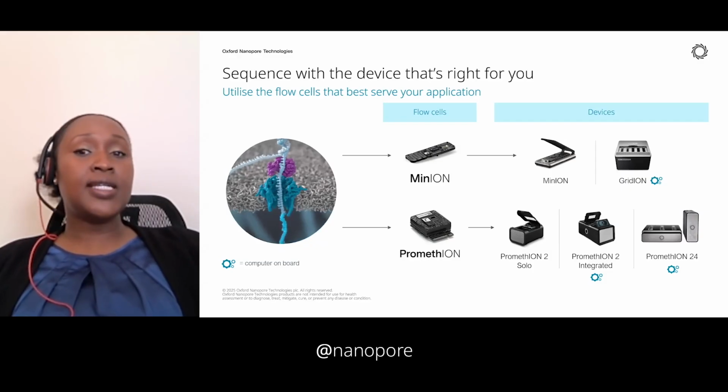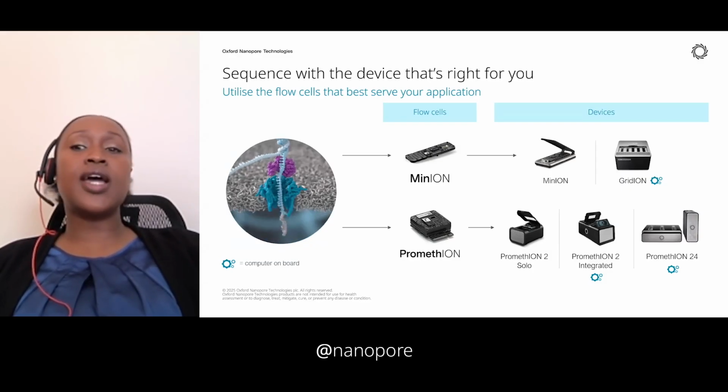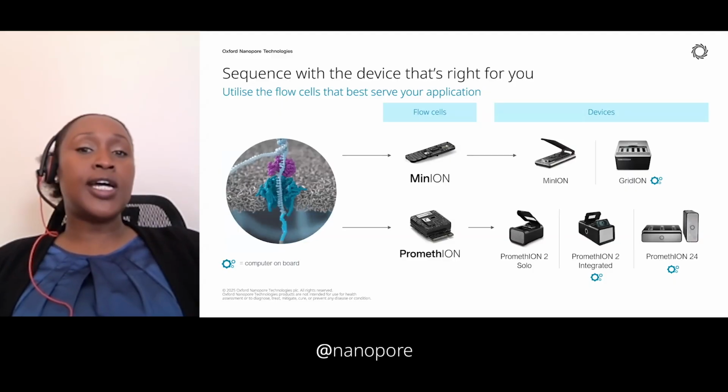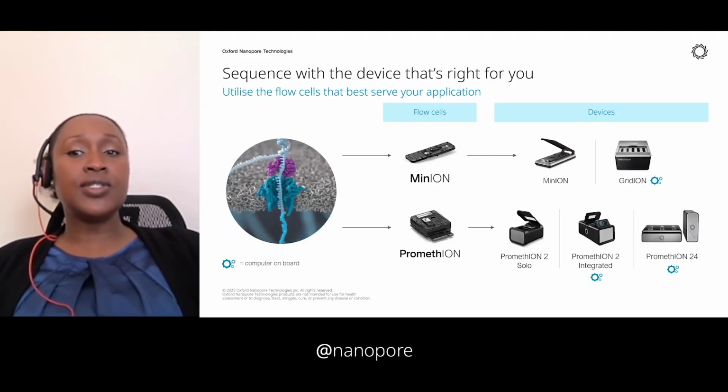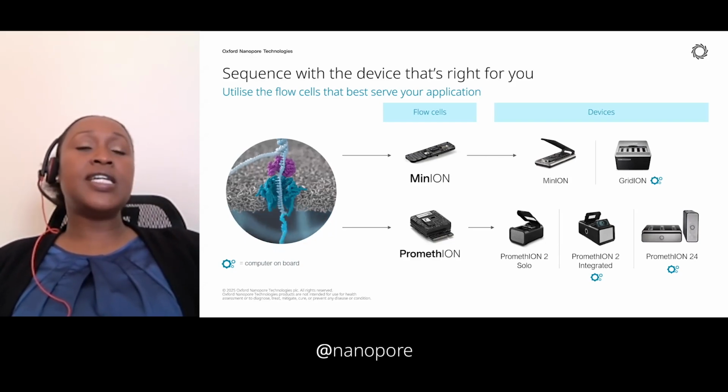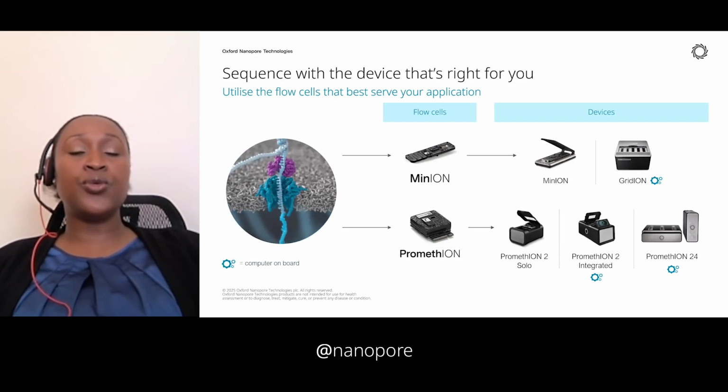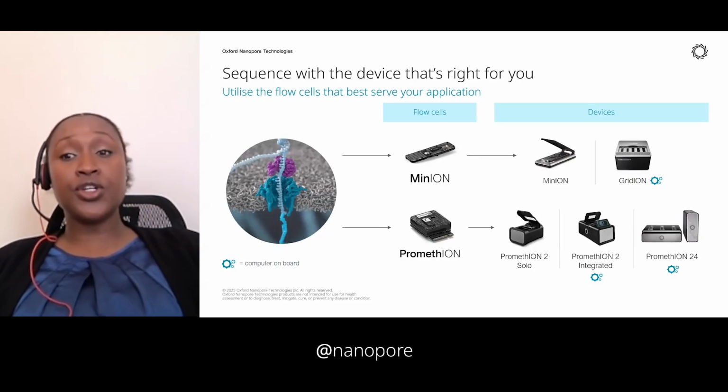The MinION device can perform a single sequencing run at a time, whereas the GridION can run up to 5 independently or simultaneously running flow cells. The PromethION family of devices has options for 2 or 24 also individually addressable positions.